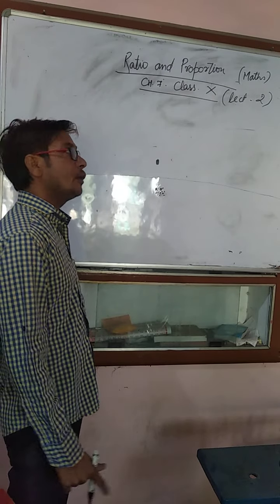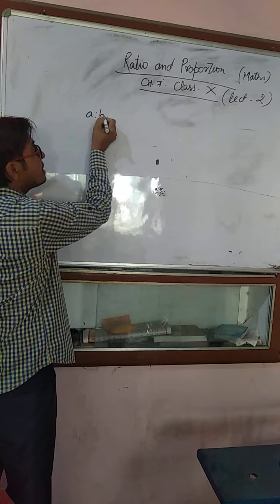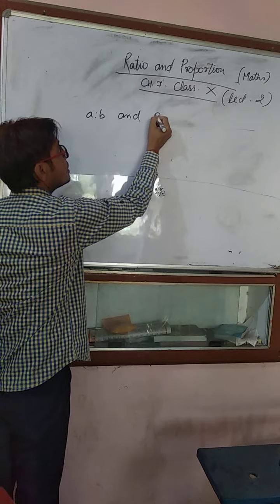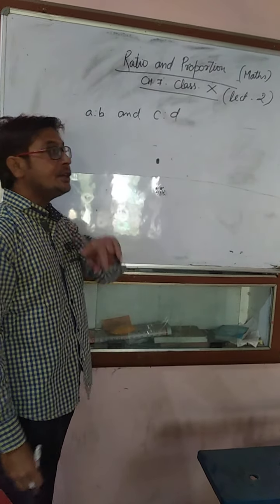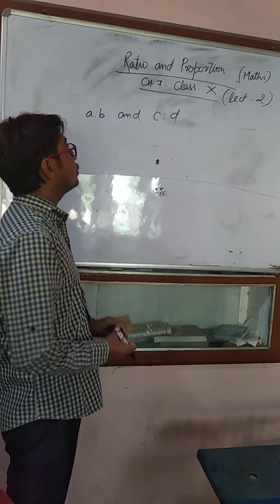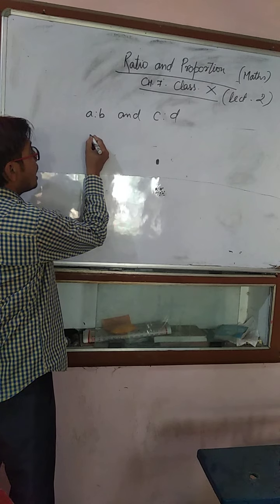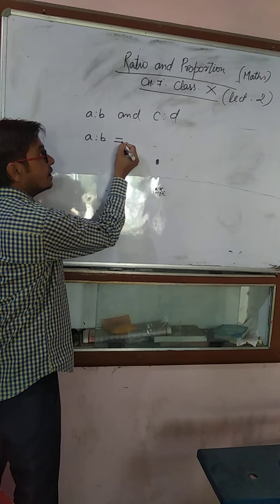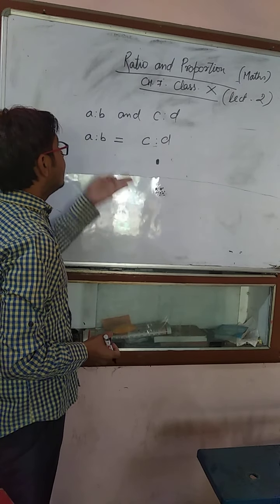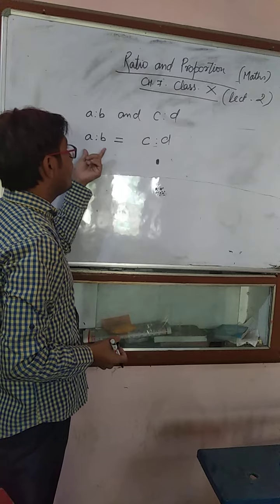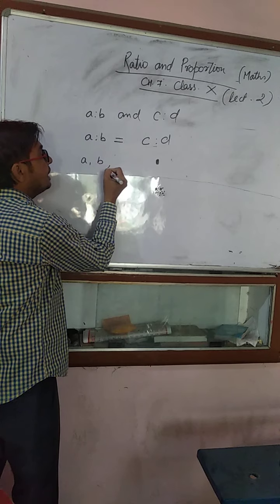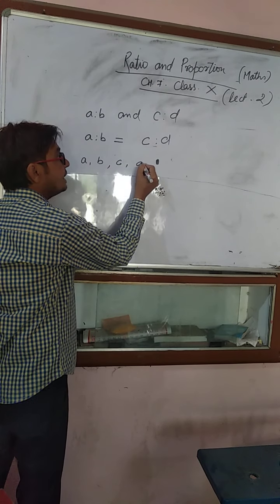Suppose any ratio A is to B and C is to D. There are two ratios, A is to B and C is to D. If both the ratios are equal like this, then we will say that A, B and C, D are in proportion.